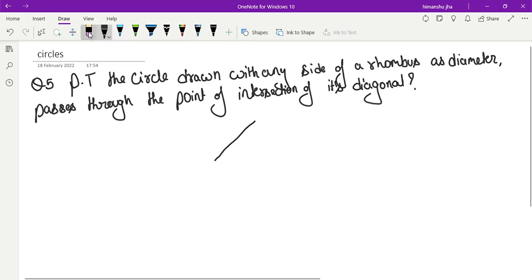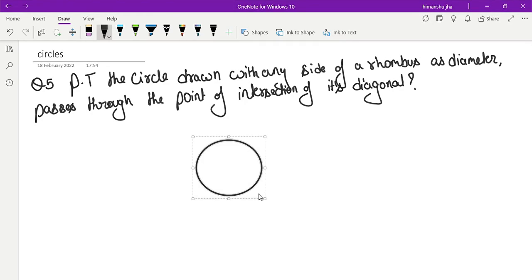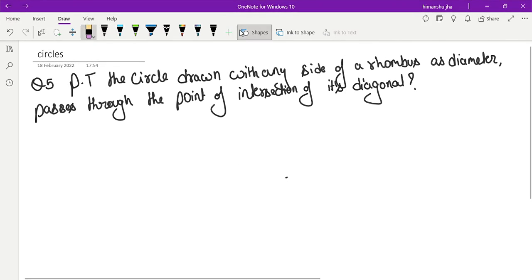Just first let me draw the shape. This is a circle. Let's say there is a circle, so this is the circle.